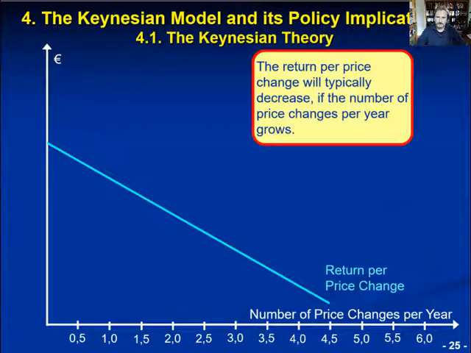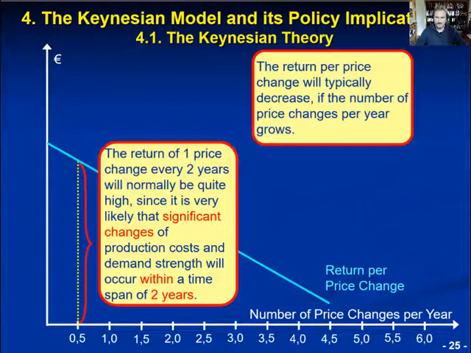For example, the return of 0.5 price changes in a year, this means one price change every 2 years, will normally be quite high, since it is very likely that a significant change in production costs and demand strength will occur within a time span as long as 2 years.